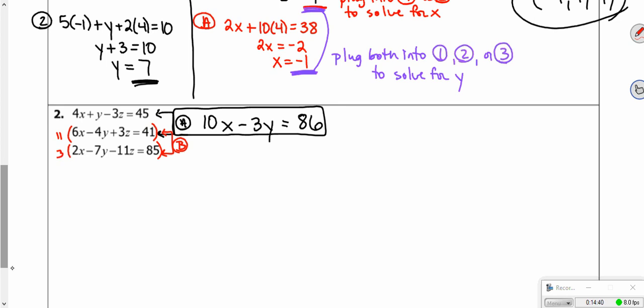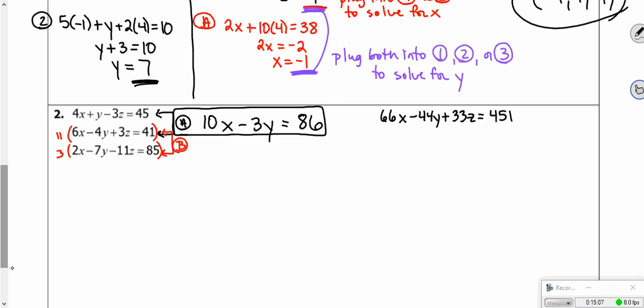So to get my equation B, my new equation 2 is 66x minus 44y plus 33z equals 41 times 11. I'm having a brain fart. 451.